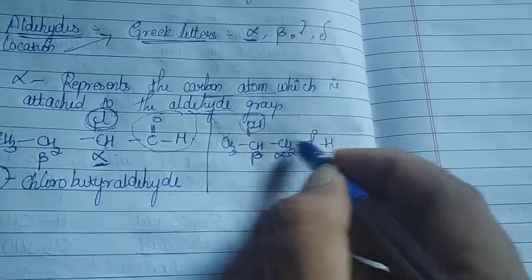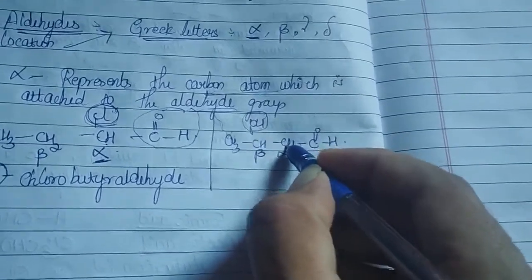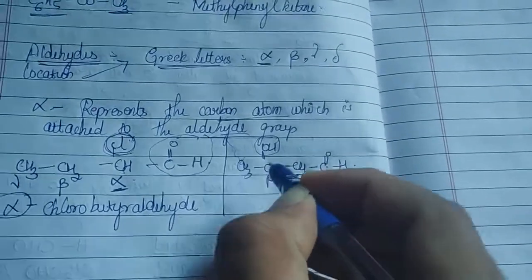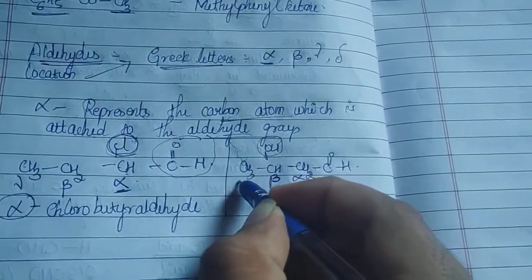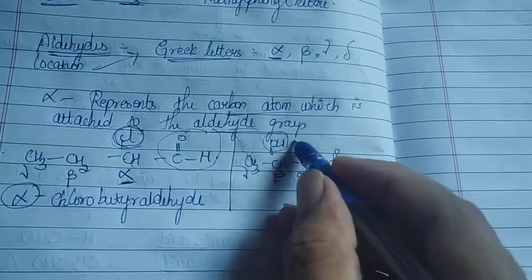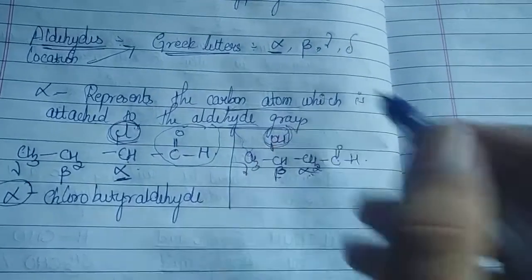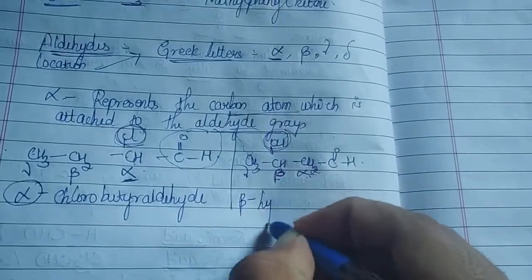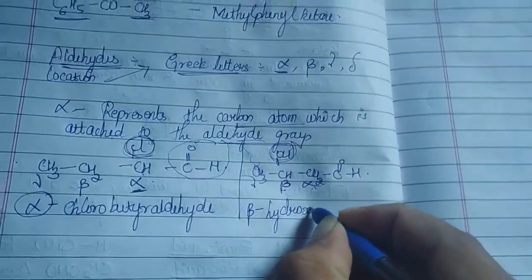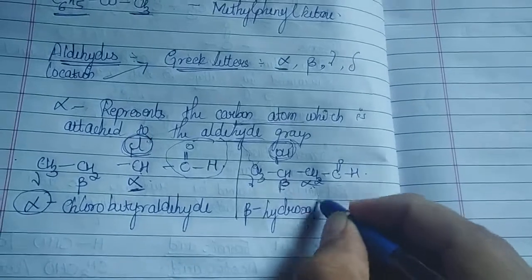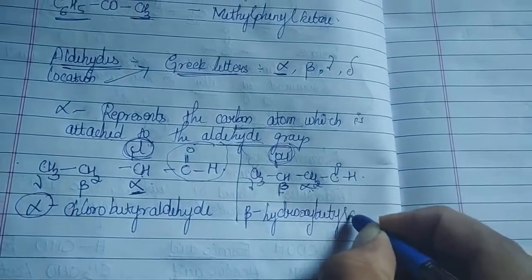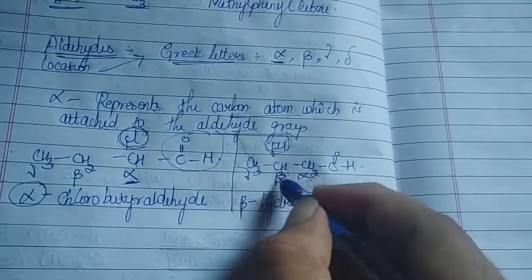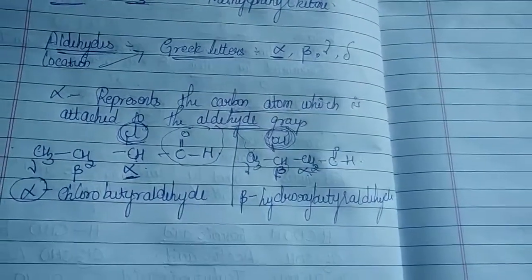The carbon atom which is next to our aldehyde group will be represented as the alpha carbon atom. Alpha's next will be beta. Beta's next will be gamma. But here the substituent location is at the beta. So how will you name it? Very good. Beta hydroxy butyraldehyde. So in the beta position you are having a hydroxy group.